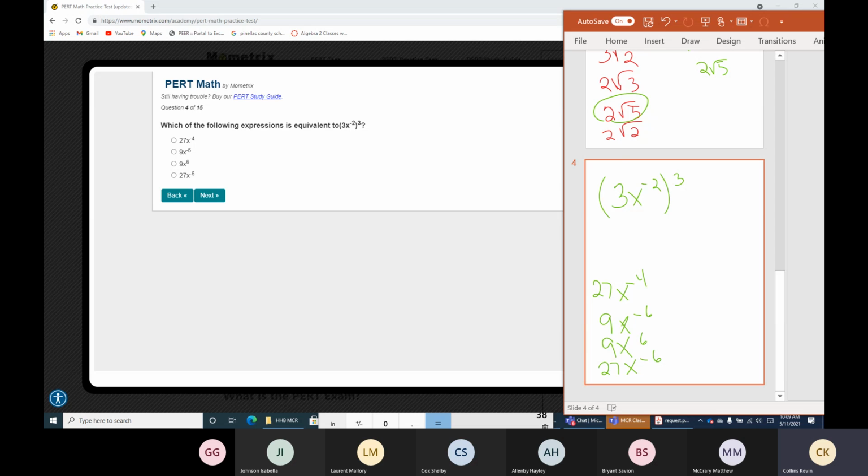So first things first, we look at it and we say, okay, we have to raise both these guys to the third power, right? So we're going to raise him to the third power and him to the third power, okay? So what is 3 to the third power? What does that equal? What is 3 to the third power? $27.